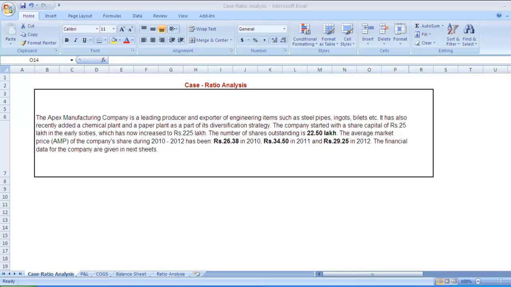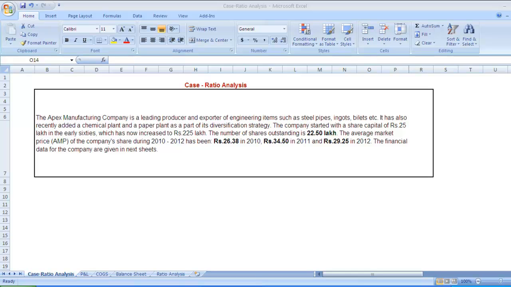The Apex Manufacturing Company is a leading producer and exporter of engineering items such as steel pipes, ingots, billets, etc. It has also recently added a chemical plant and a paper plant as a part of its diversification strategy. The company started with a share capital of rupees 25 lakhs in the early 60s, which has now increased to rupees 225 lakh.